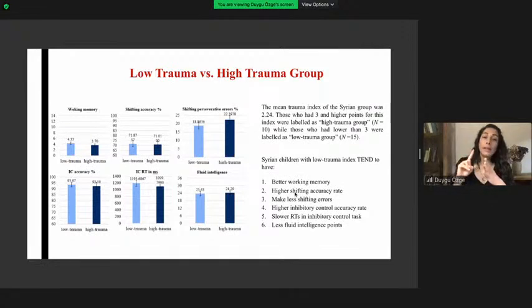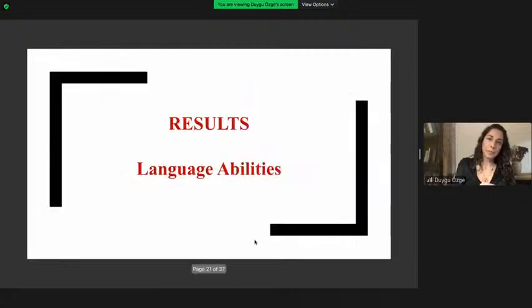They made fewer shifting errors, so they were able to shift away from their initial decisions. They had better inhibition abilities, and they were faster in reacting in inhibitory control. And they had better fluid intelligence if they had low trauma.